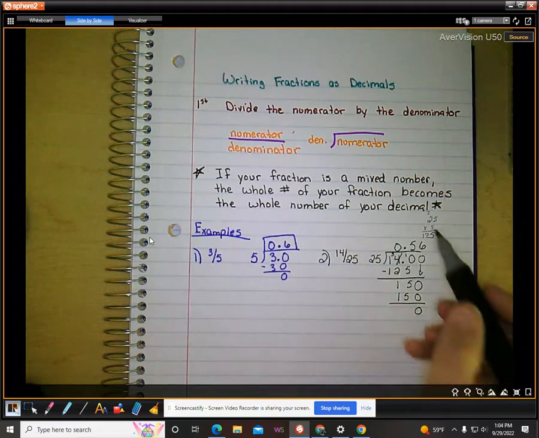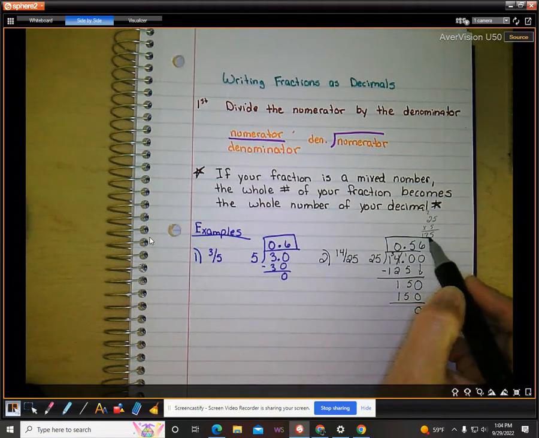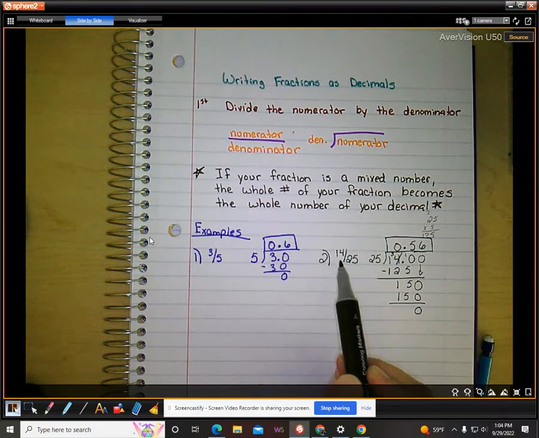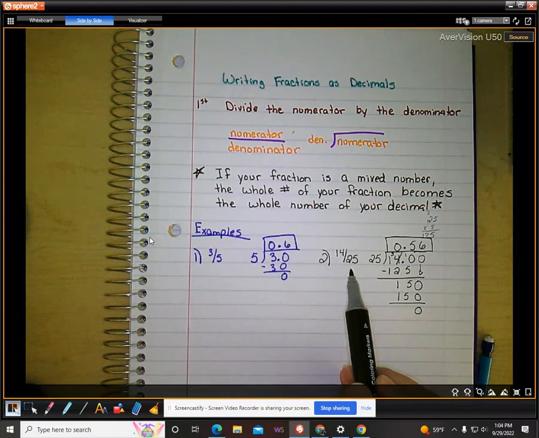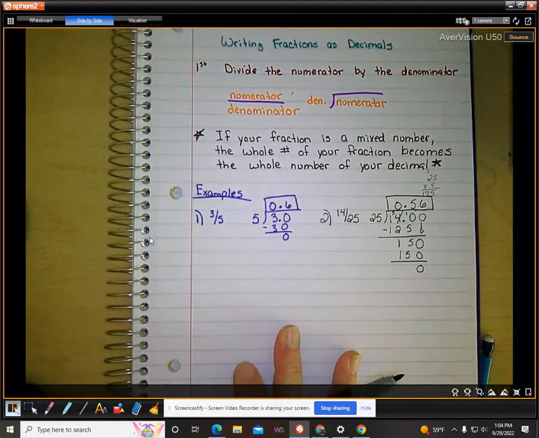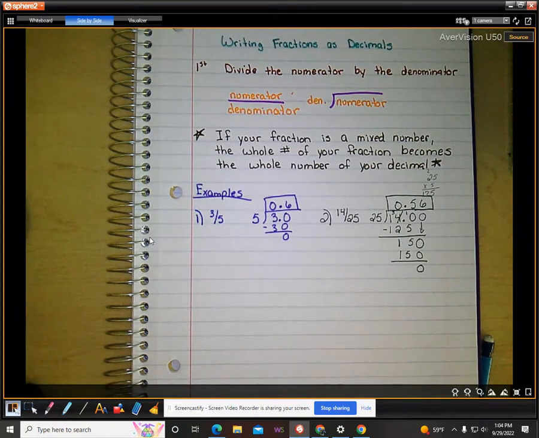So 14/25 as a decimal is 56 hundredths, 0.56. Numerator divided by denominator. It's just division. Questions? All right, one more like that, and then we'll do one with a mixed number.